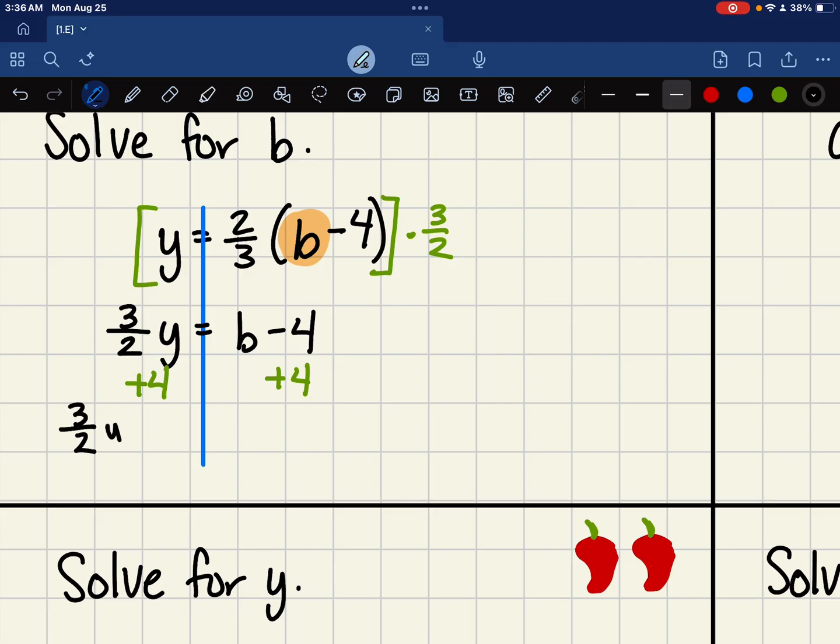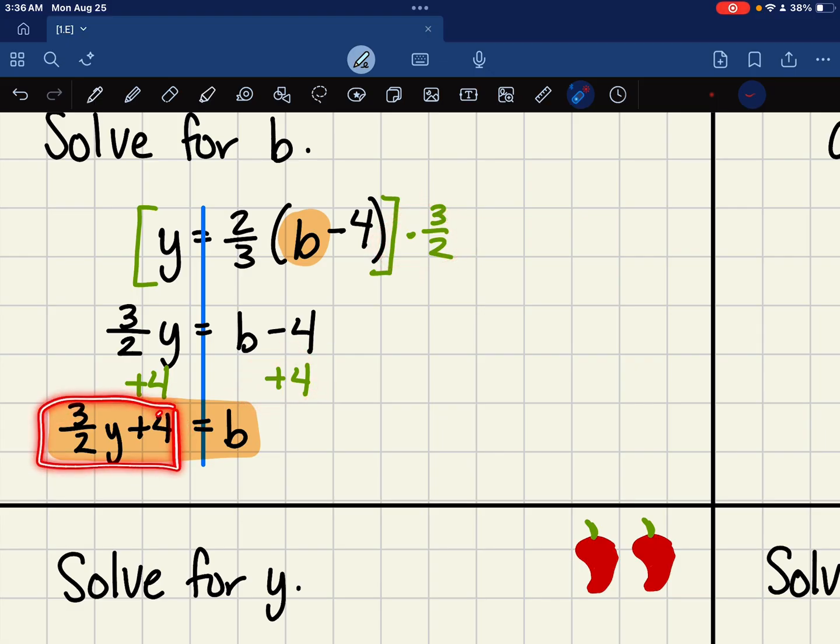So the way that that looks is it just sits at the end there. And this is actually the end result. So the b is isolated, it's by itself. And everything that wasn't b moved to the edge. And it's the same stuff we did, it's the same inverse operations. They're just sitting together instead of combining into a single letter.